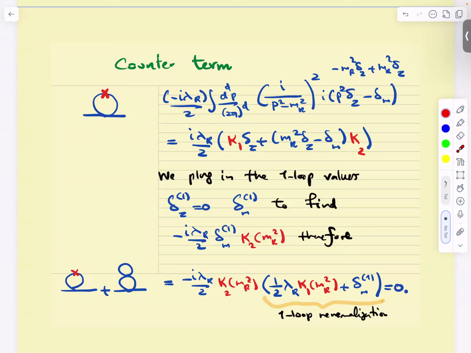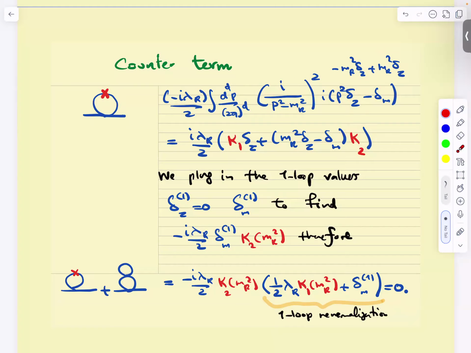Now add and subtract m_R squared delta_Z here, so that p squared minus m_R squared times delta_Z will kill one of these powers. The coefficient of this will be K1 now. And now that m_R squared delta_Z next to this delta_m will give you a K2.